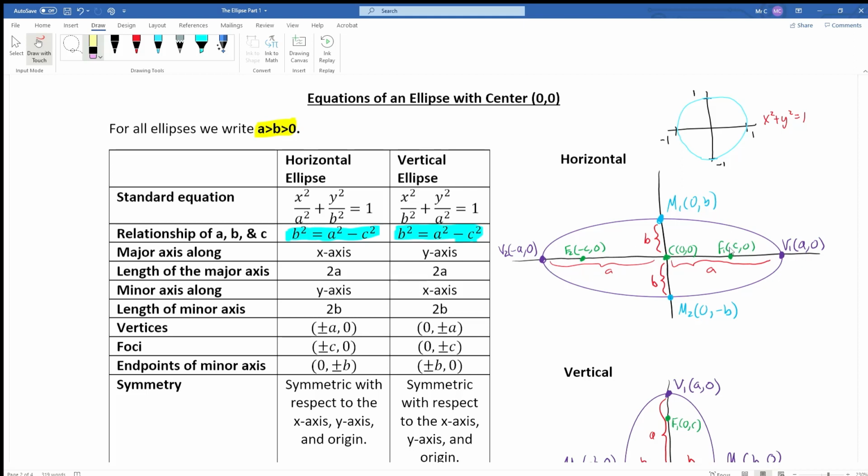And here we have the distance for the foci. We always label that as c. That's the distance out from the center to the foci. So if we go out a distance of c from the center, that puts us at (c, 0) for the first foci, or first focus, I should say, and then the second focus over here is going to be at (negative c, 0).